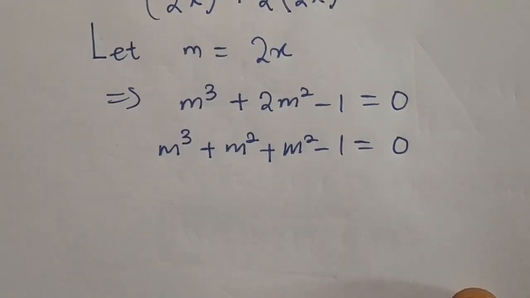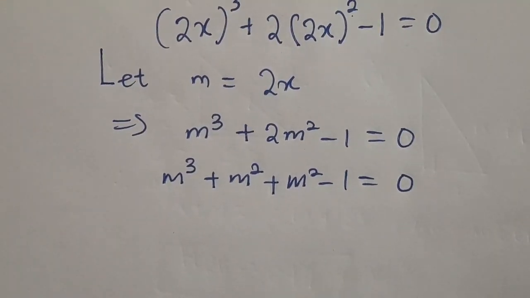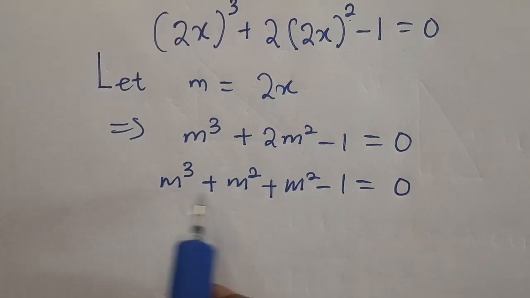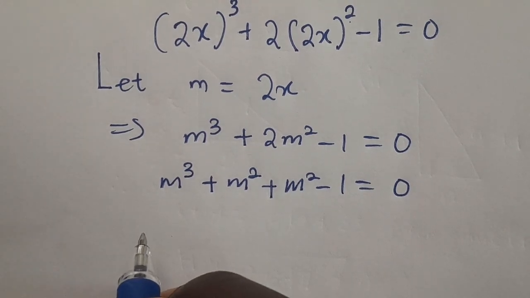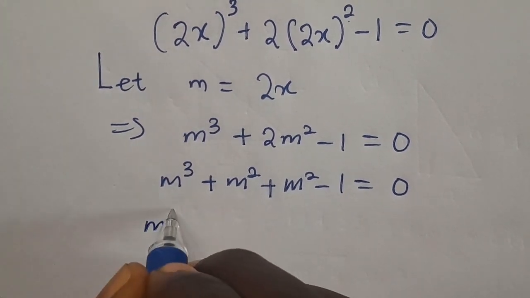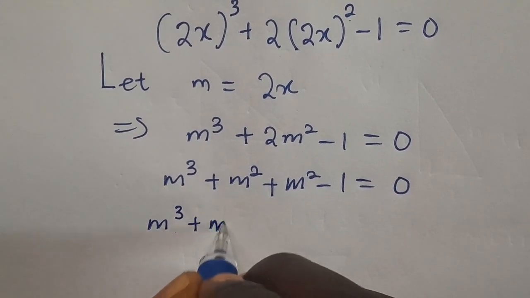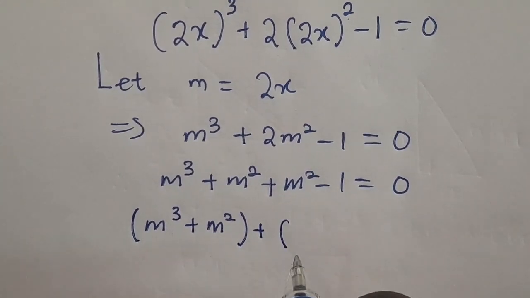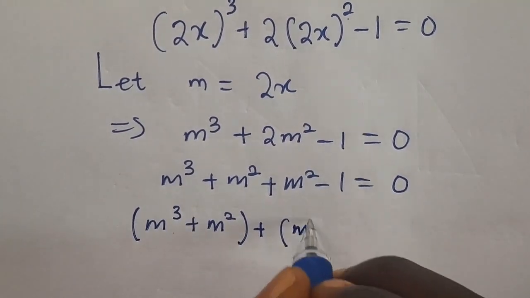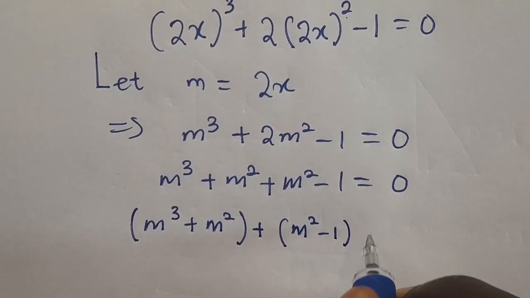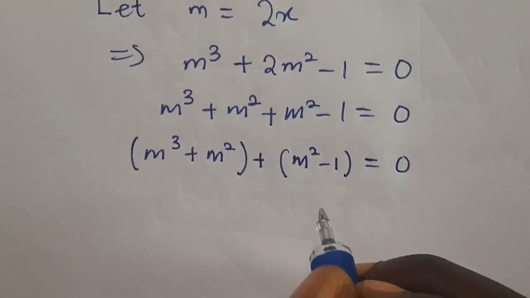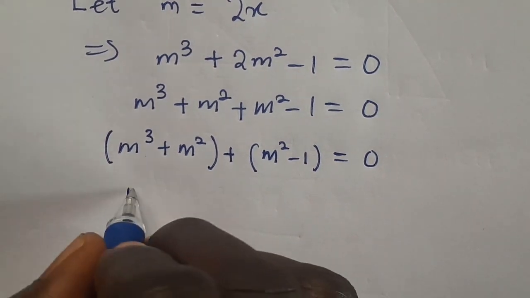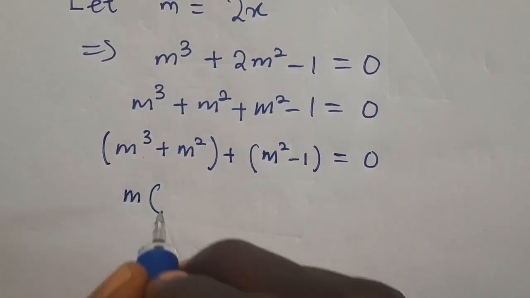So guys, from here, let us now do something reasonable. We can take m to the power of 3 plus m squared together, plus m squared minus 1 together, equals 0. Now we have m squared in common here.